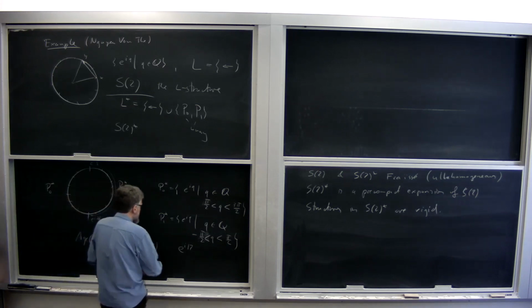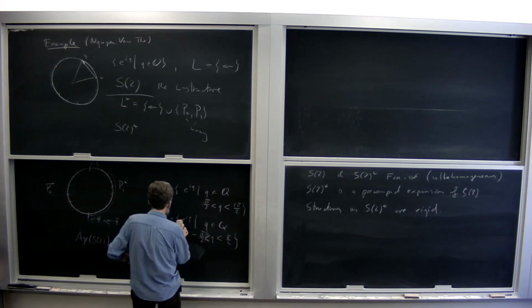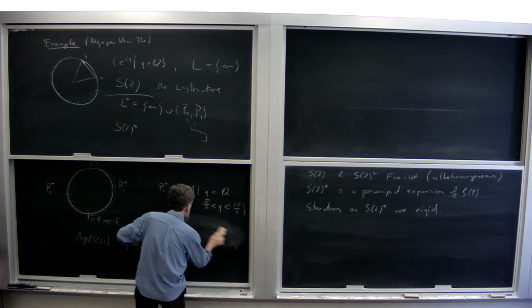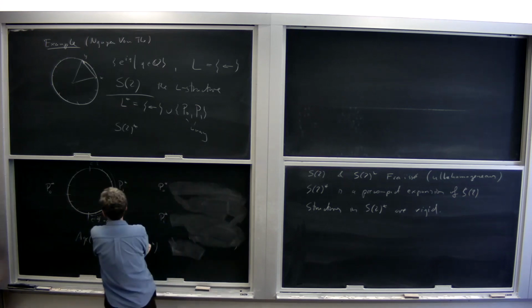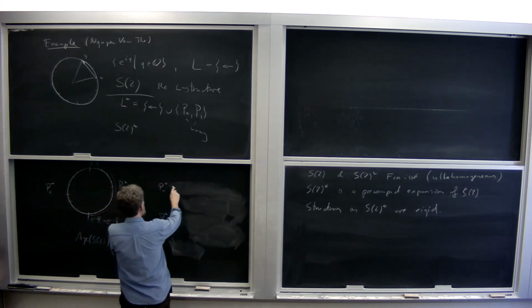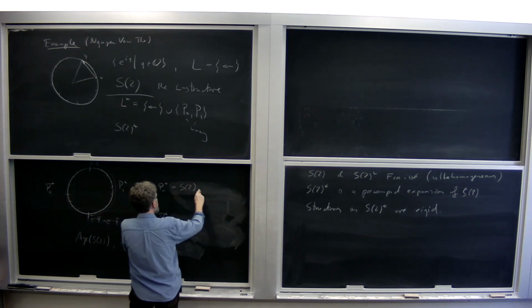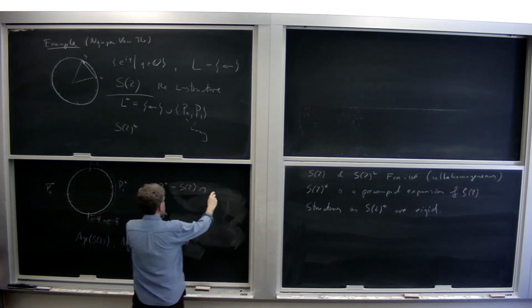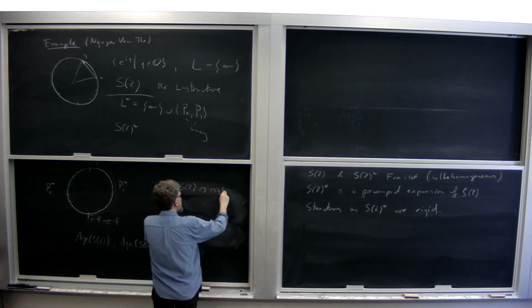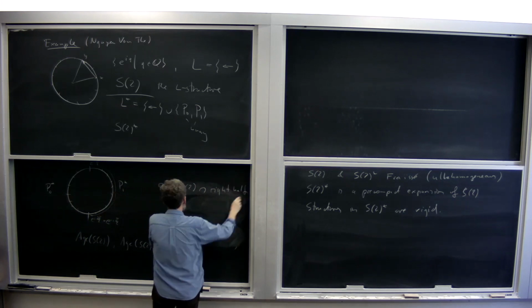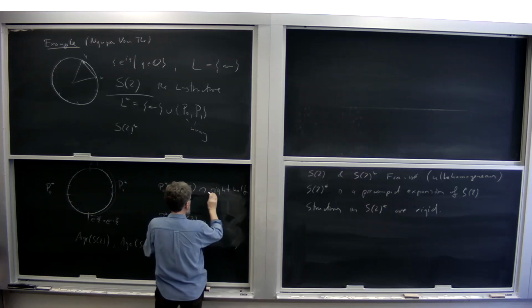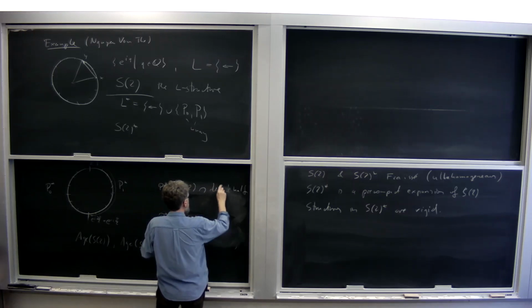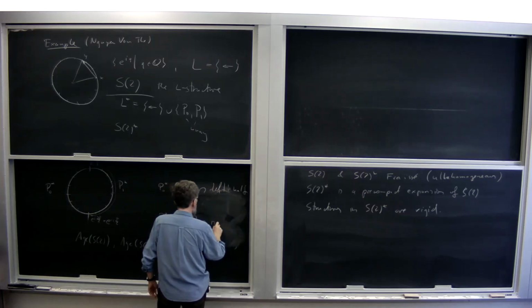Okay, thanks, Andreas. Yes. So I shouldn't have tried using formulas here, I guess. So this is S of 2 intersection right-hand side, right half, and this is S of 2 intersection left half.